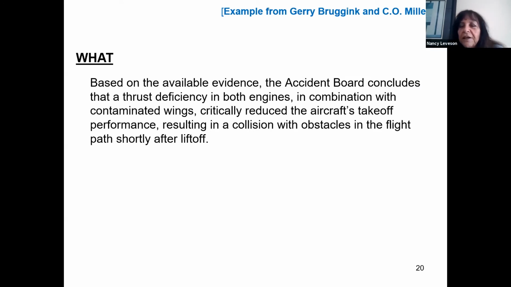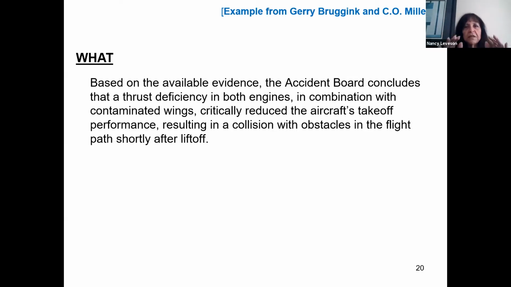Let's look at a different description of that same accident. And now instead of focusing on who, it focuses on what. Based on the available evidence, the accident board concludes that a thrust deficiency in both engines in combination with contaminated wings critically reduced the aircraft's takeoff performance, resulting in a collision with obstacles in the flight path shortly after liftoff.